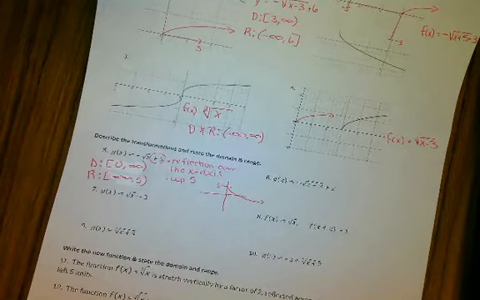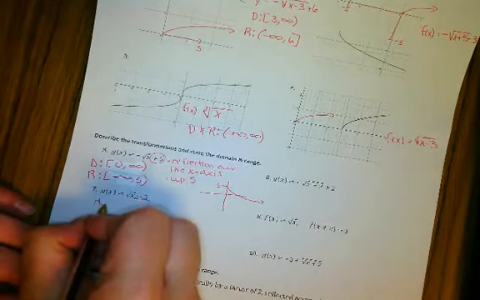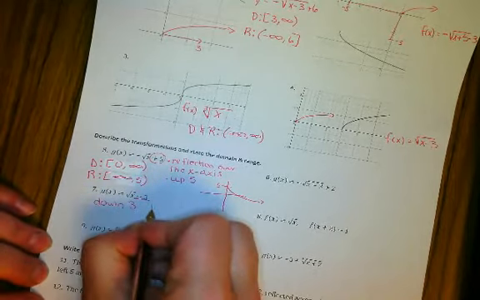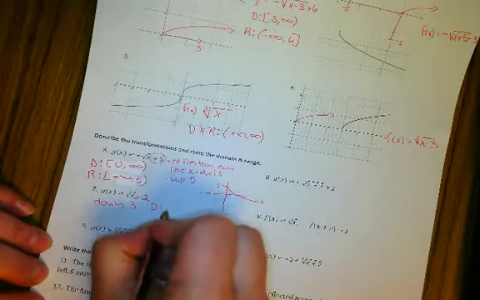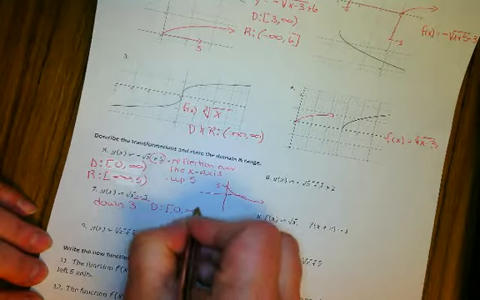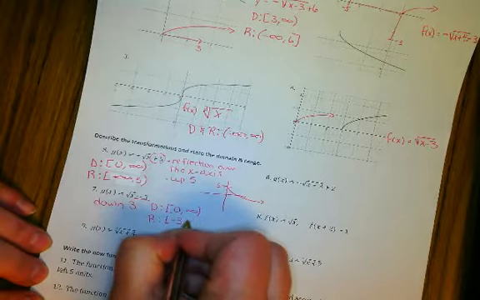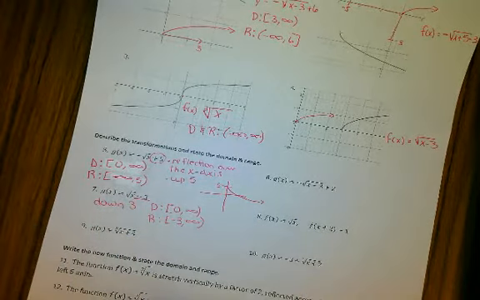All right, on number 7, the only thing that's been done is it's gone down 3. So my domain will be from 0 to infinity, and then my range will be from negative 3 to infinity.